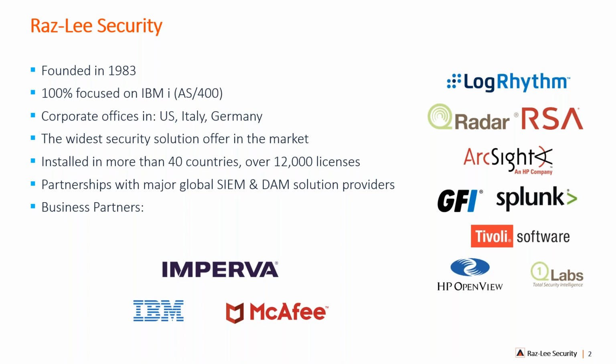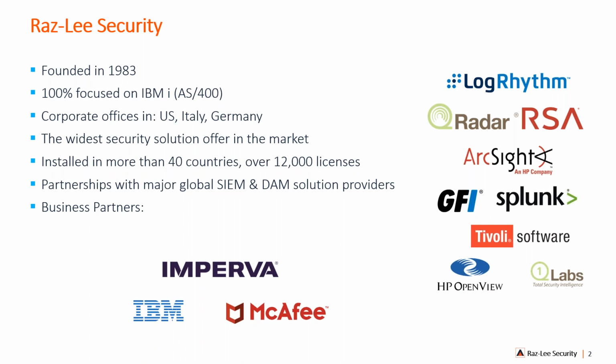Among them, you can find SIEM providers such as ArcSight, IBM QRadar, Splunk, and more, and DAM providers such as Imperva and McAfee. DAM is actually database activity monitoring, the area to which IBM Guardium belongs.